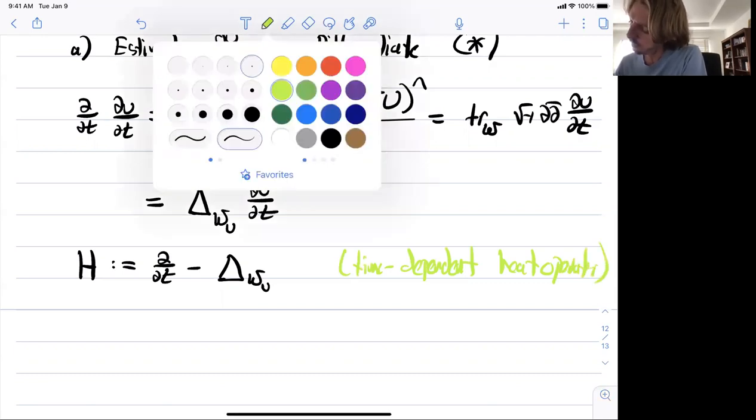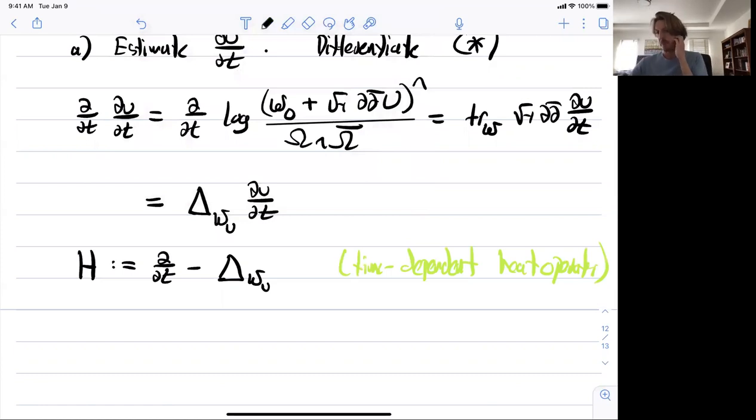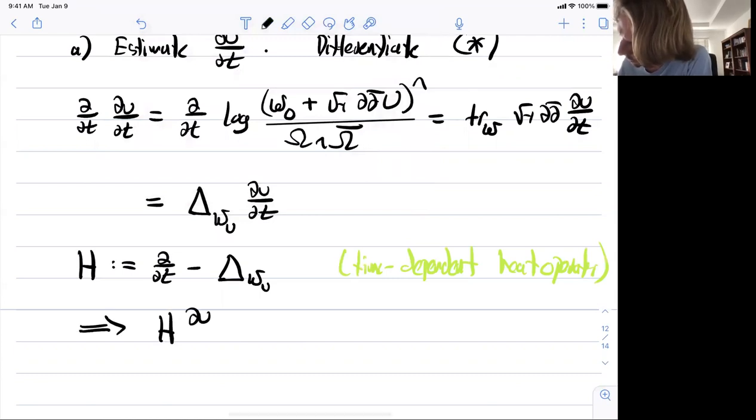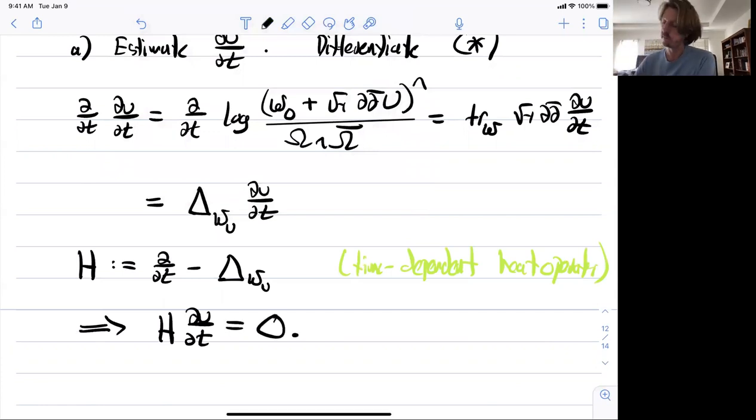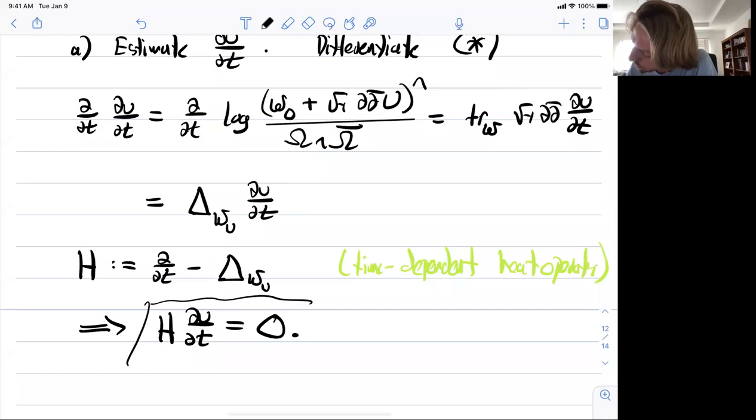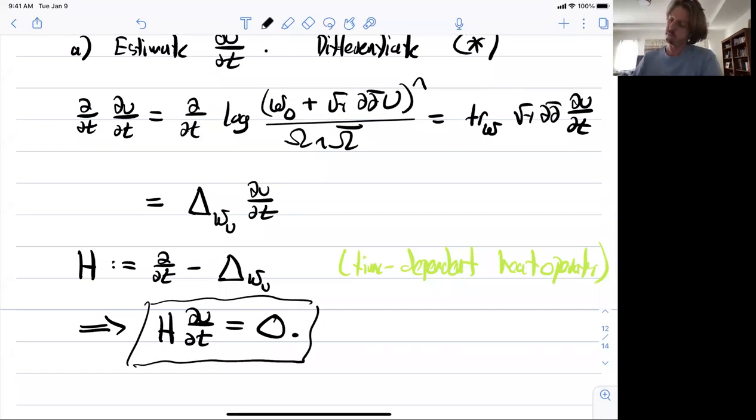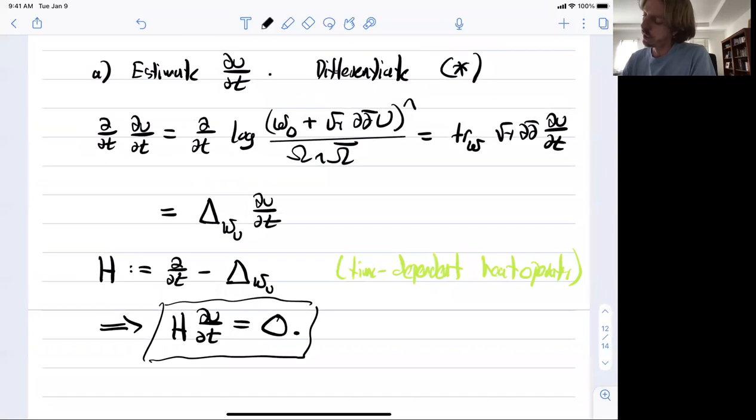When you just rearrange it, it's the heat operator applied to del u dt is exactly 0. So this is like the nicest possible equation.